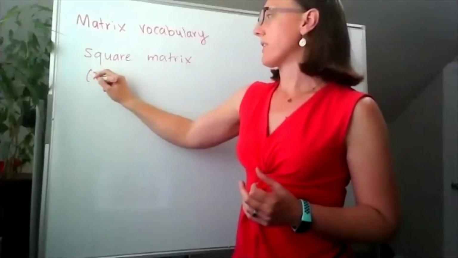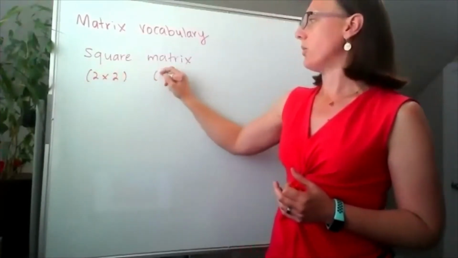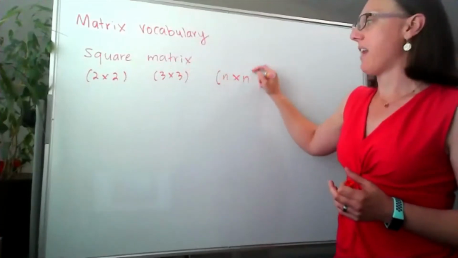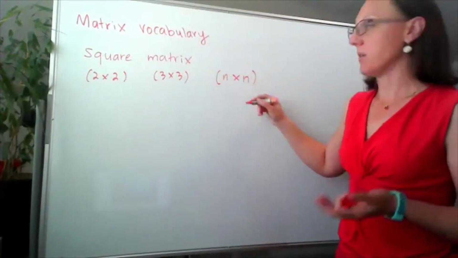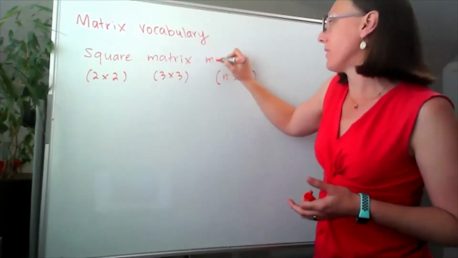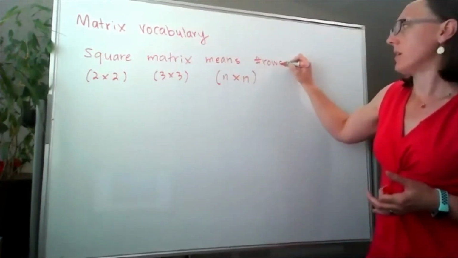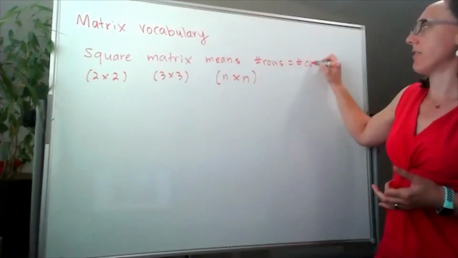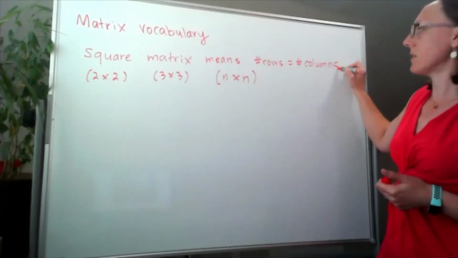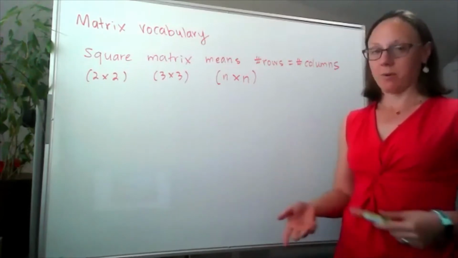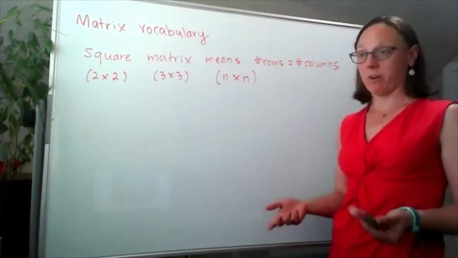So a square matrix could be a 2 by 2 or a 3 by 3 or generically an n by n. But a square matrix means that the number of rows equals the number of columns.